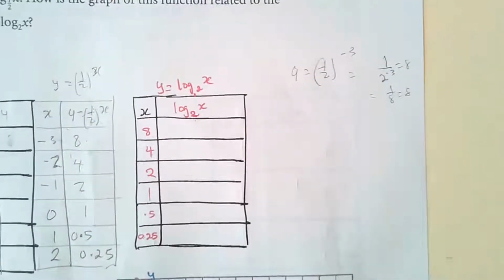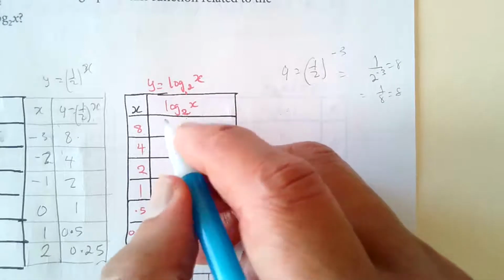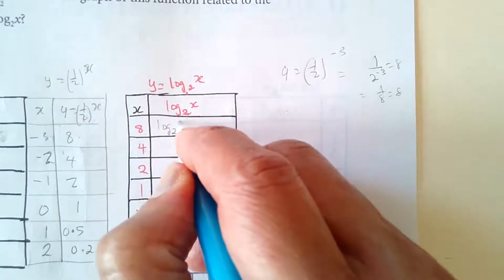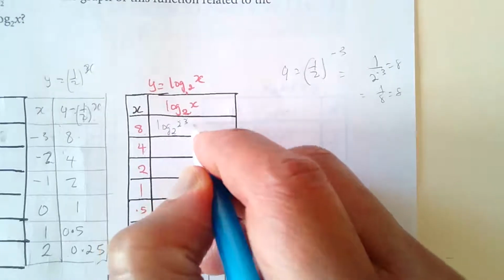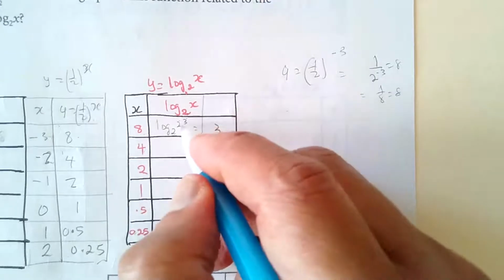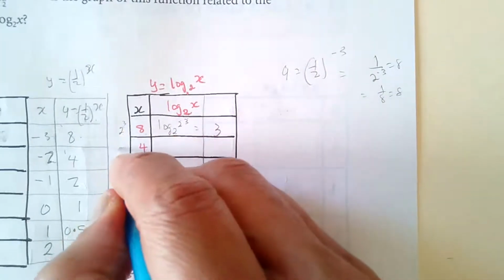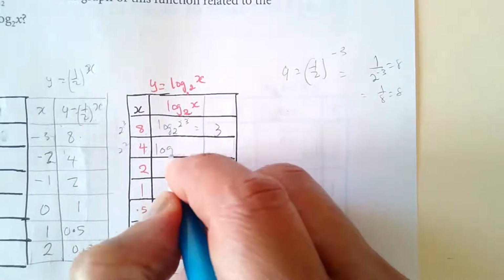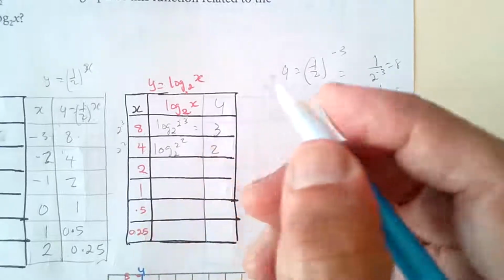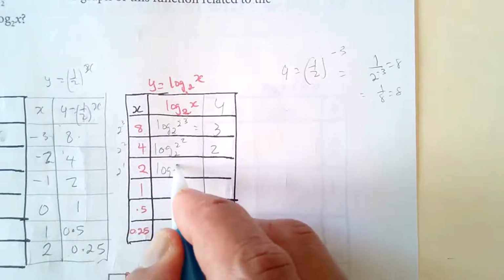Now log 2 of x. We can do that easily because we become log 2 of 8, which is going to give me 2 to the power 3, which is 3. Because 8 could be written as 2 to the power 3. This is going to be 2 to the power 2, so log 2 of 4 gives me 2. Then 2 to the power 1, log 2 of 2 gives 1.